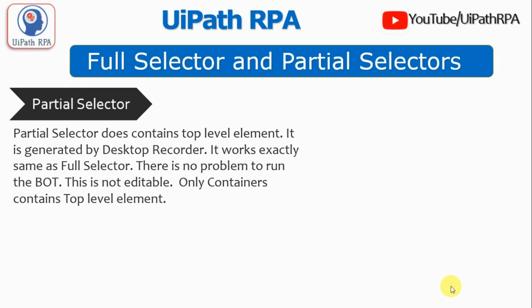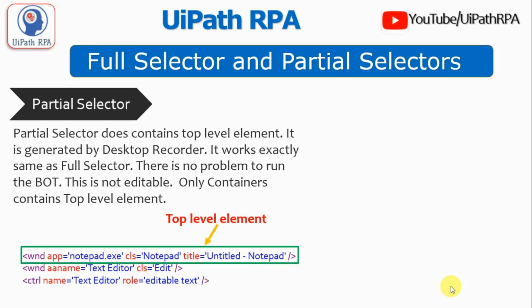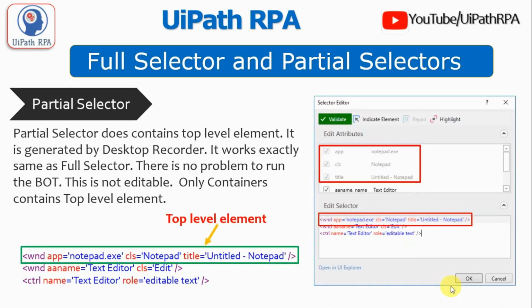There is no problem running the project, no issue in running the projects. So this is not editable. Only containers contain top level elements. Here you'll see this is the top level element. If you look in the selector editor for the partial selector, these top level elements are not editable. We cannot edit this from the selector either, right?